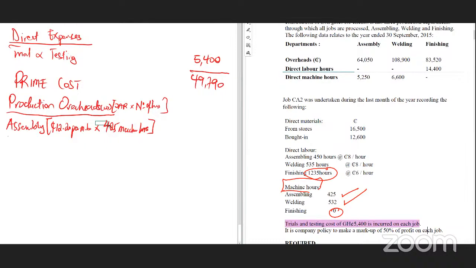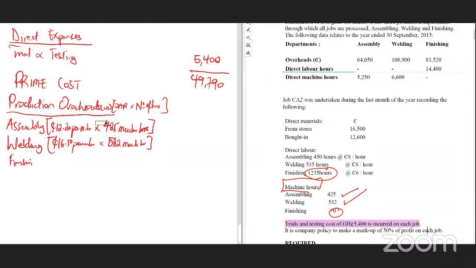When it comes to welding, how much was welding? I think welding was 16 cedis, 50 pesos per machine hour, right? So how many machine hours did we use for welding? That's 532 machine hours, not so? Yes. Then we come to finishing.